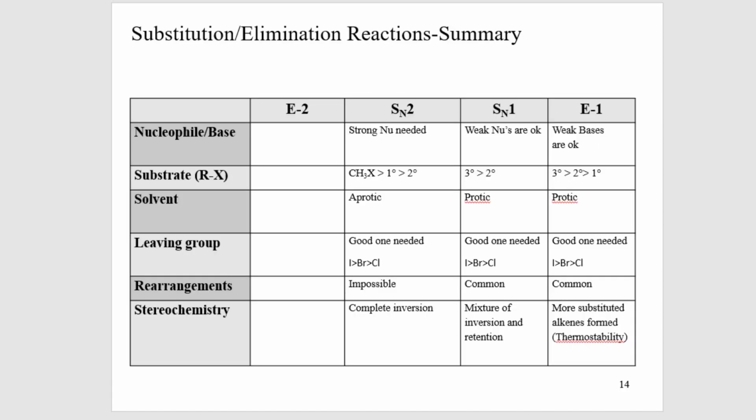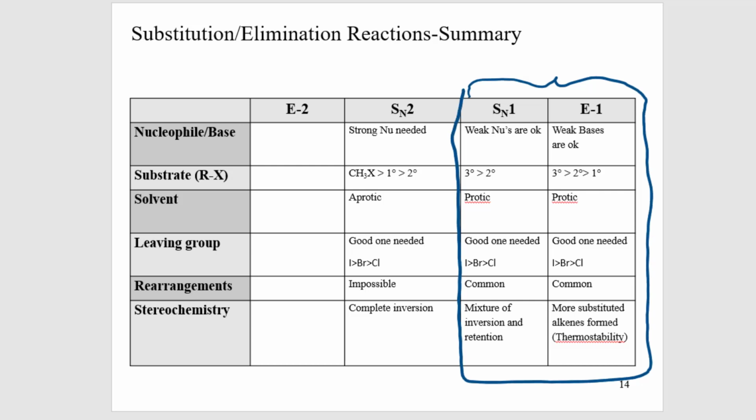Okay, so let's sum it up. And this is the bottom line here. SN1 and E1 right here. They both want a weak nucleophile or a weak base. And as we saw, those species look exactly the same.